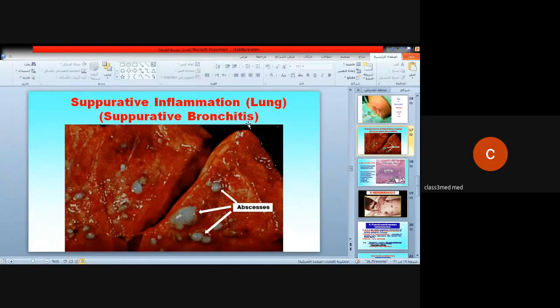This is abscess formation within the bronchi and the bronchioles, clear whitish yellowish in color, as a complication of bronchopneumonia. In neglected cases without treatment, bronchopneumonia may progress into suppurative bronchitis with multiple abscess formation within the bronchi and bronchioles, causing suppurative inflammation of the lung.